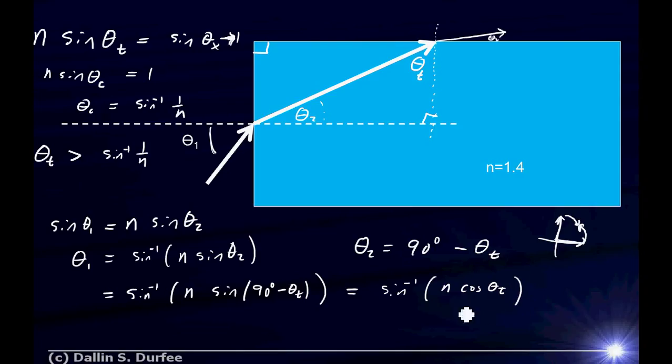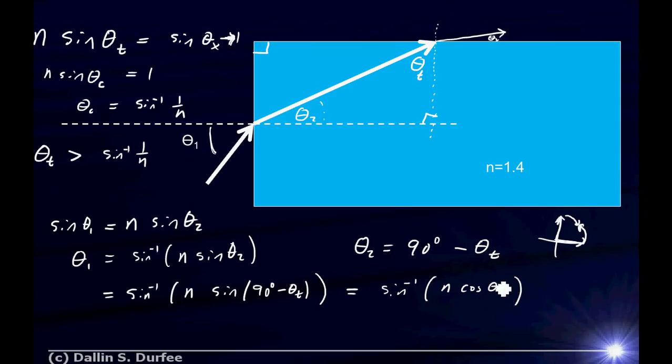Okay, and maybe I should have solved this for theta top rather than theta 1, but anyway, here's what I have. And I know that I want theta top to be greater than the inverse sine of 1 over n. As theta top increases, this decreases, which means inverse sine also decreases, right?